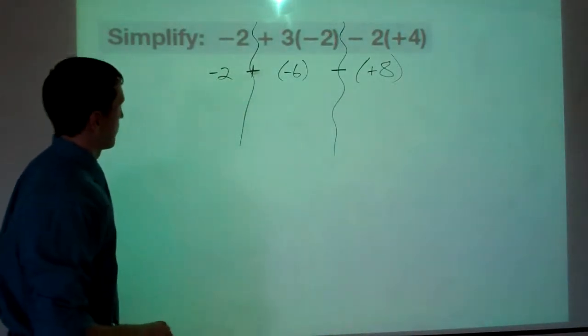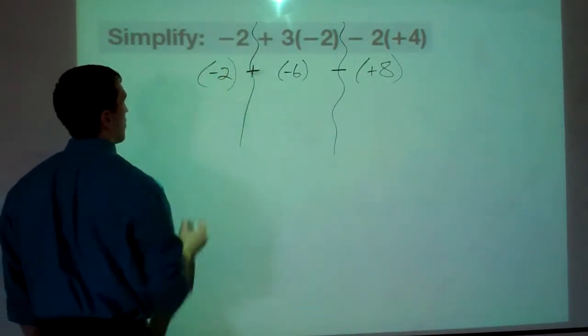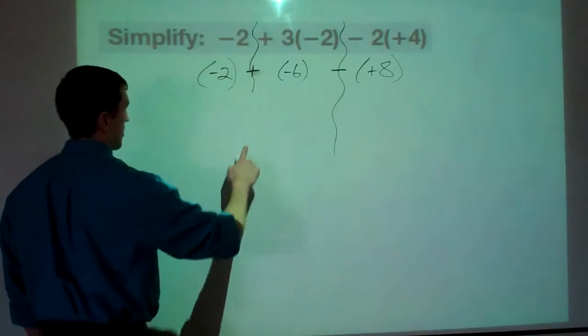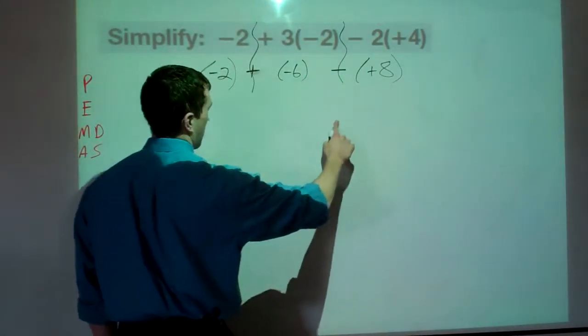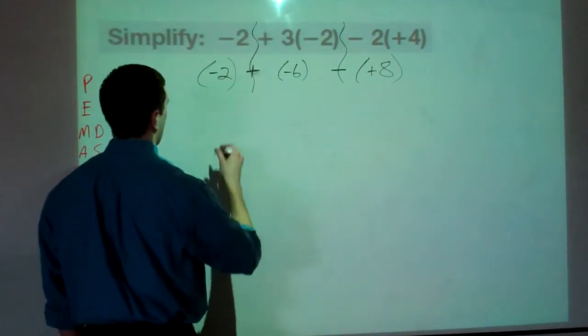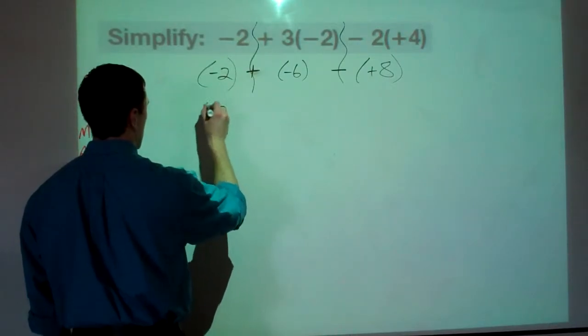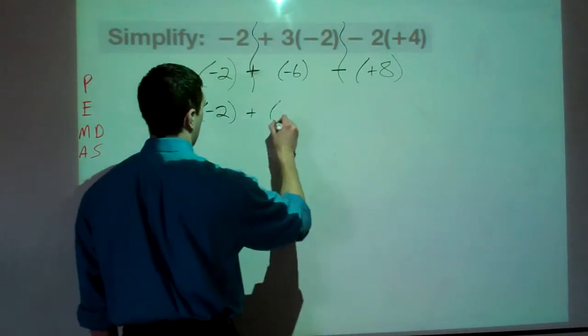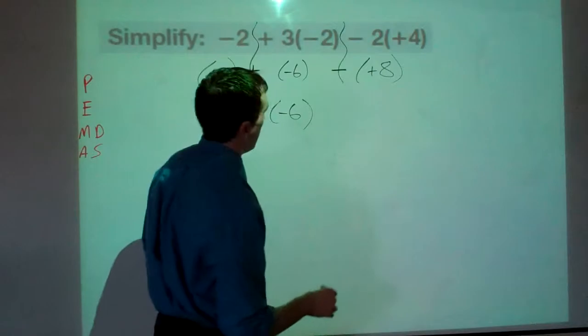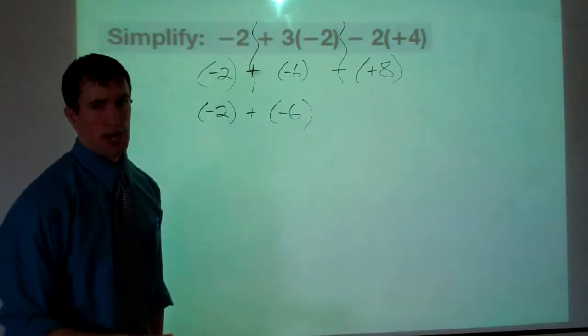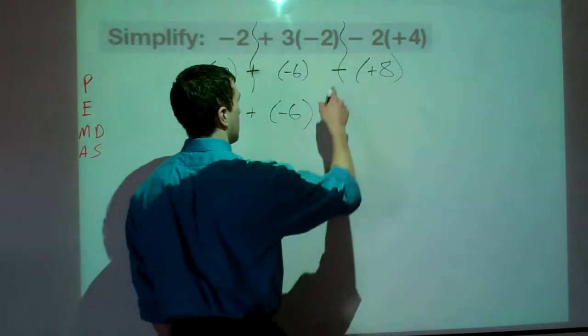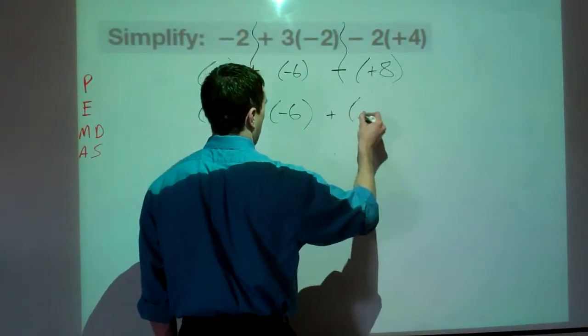So we have negative 2 plus negative 6 minus positive 8. So negative 2 plus negative 6, and I'm going to change our subtraction to addition by adding the opposite. So plus negative 8.